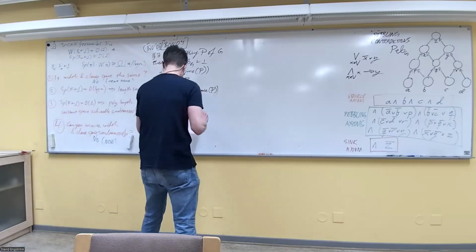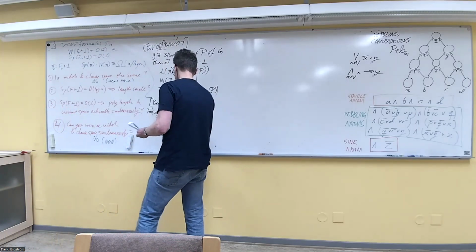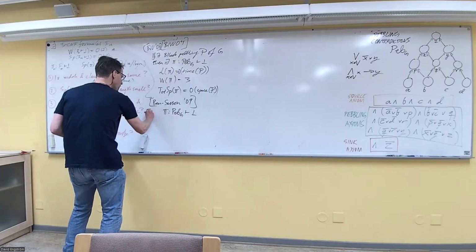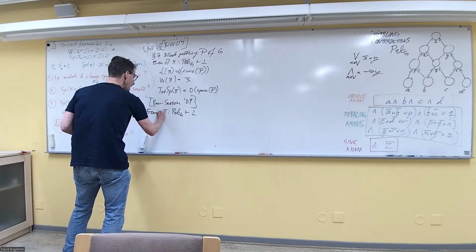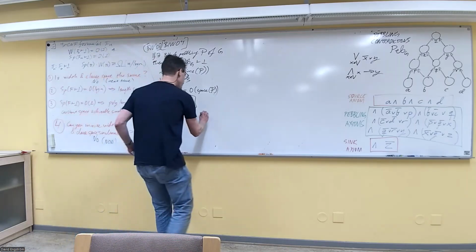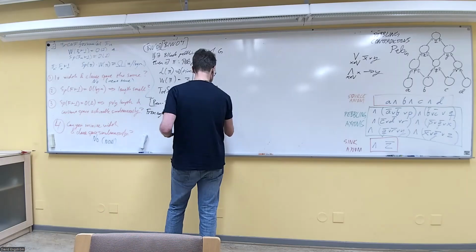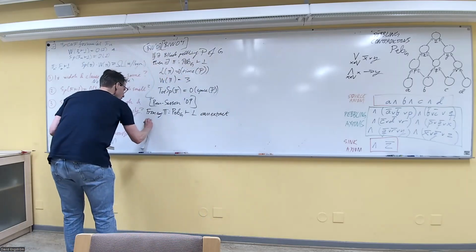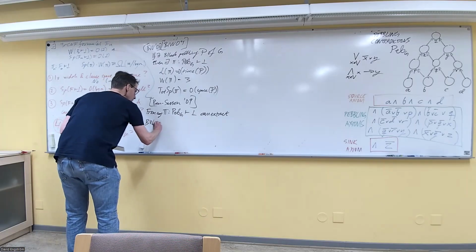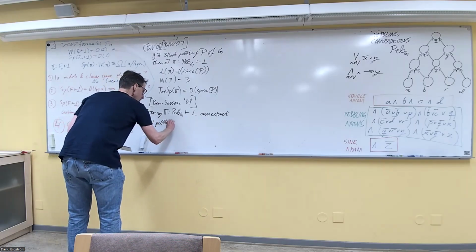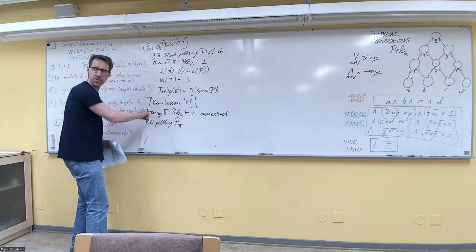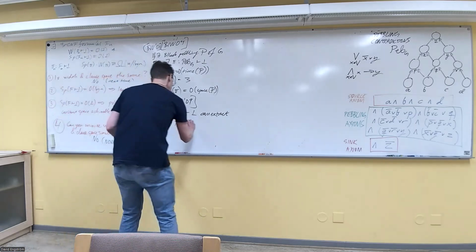Then, let me write it slightly properly. From any refutation of the pebbling formula, we can extract a black-white pebbling. Let me give it a name, P of pi, because it's extracted from pi.